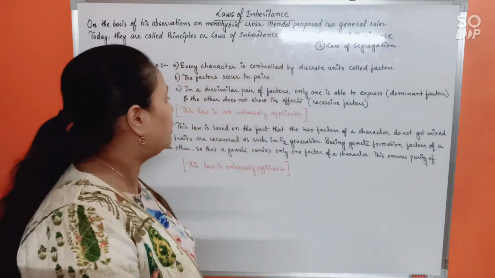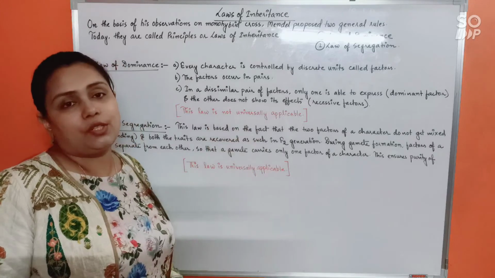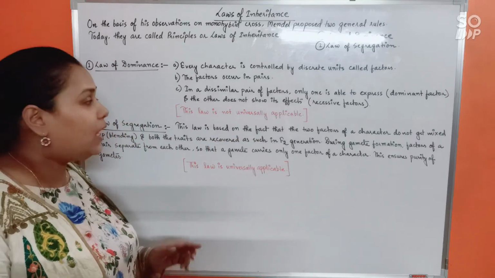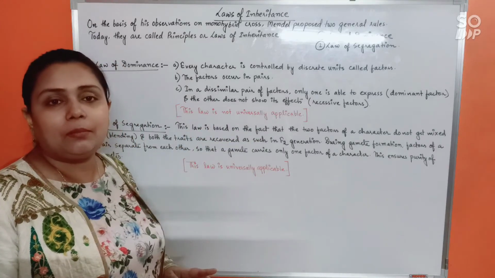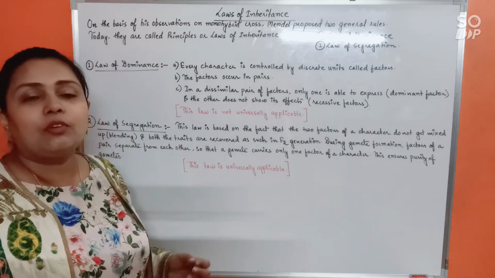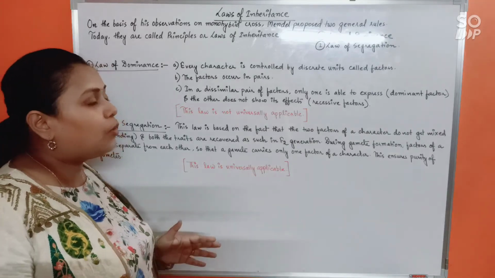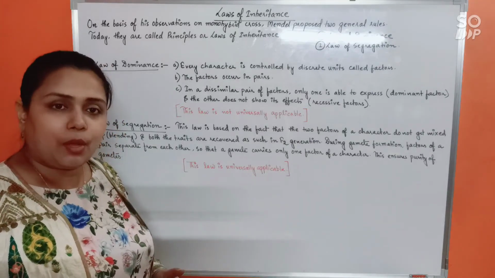Now the most important part is that the law of dominance is not universally applicable. It is not universally applicable means the law of dominance will show many deviations. We'll be discussing the deviations just after this topic. Those are going to be very important for your exam as well.